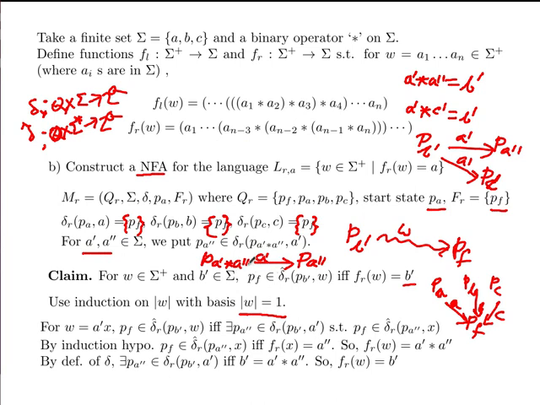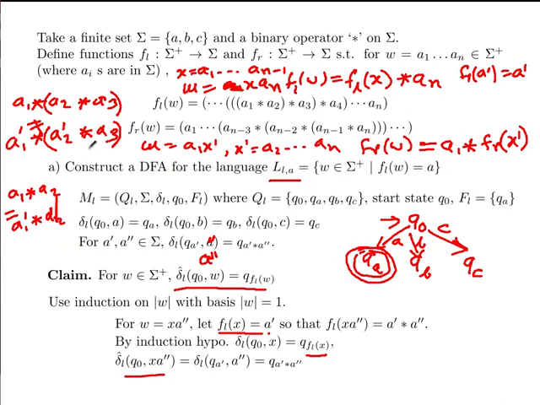And once you set this up, it's fairly straightforward to prove the induction. So as I said, it's proved for the basis, and then what do we have? As we said, in this case, the recursive way of breaking this down.